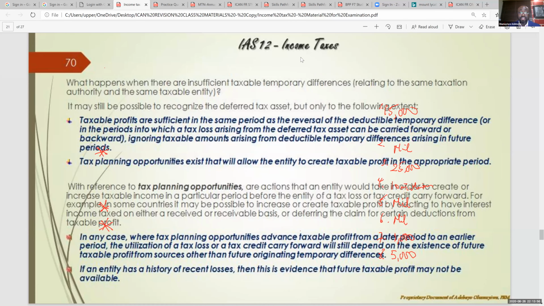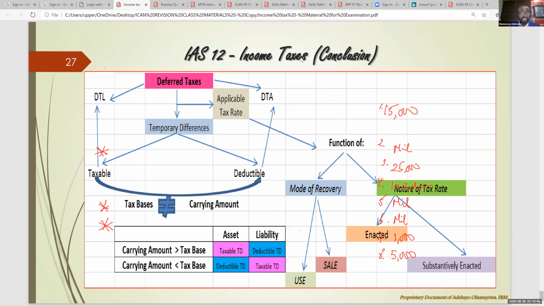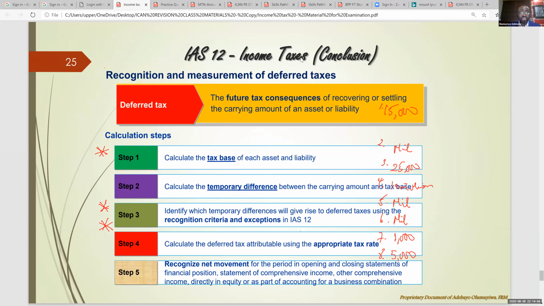I think we've looked at virtually everything. The only other aspect I wanted to look at is limitation of recognition of deferred tax assets.